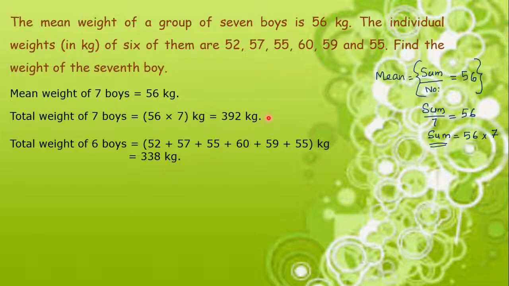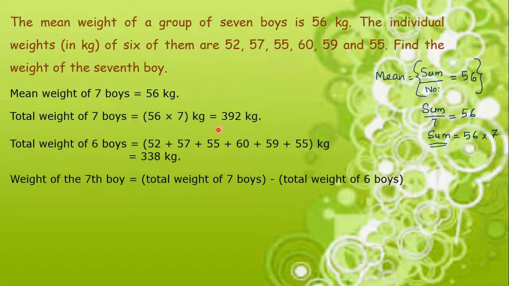So, listen. Total weight of 7 boys is with us. Total weight of 6 boys is also with us. Can we find the weight of the 7th boy from here? We can find the weight of the 7th boy by subtracting total weight of 6 boys from total weight of 7 boys.